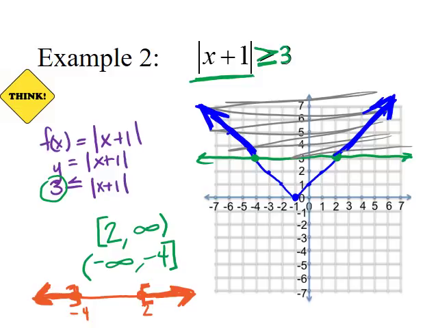So as you can see, the type of solutions that I get from inequalities can be a set of 1 numbers, a set of 2 numbers, or I can actually end up with no solution at all.